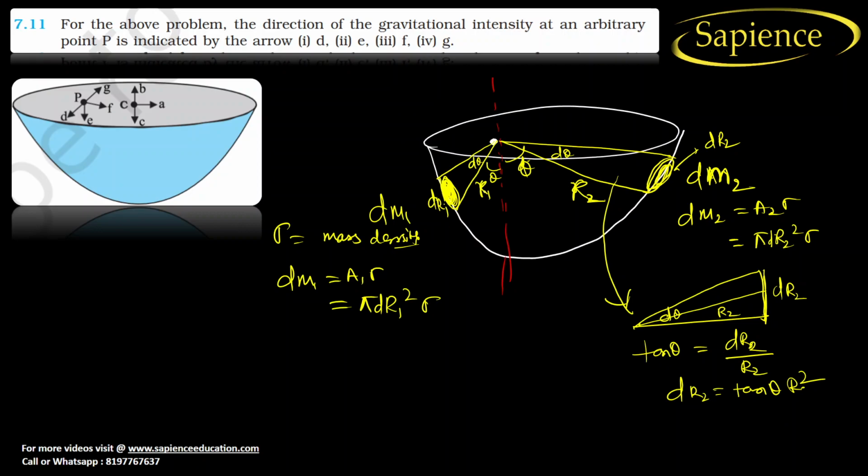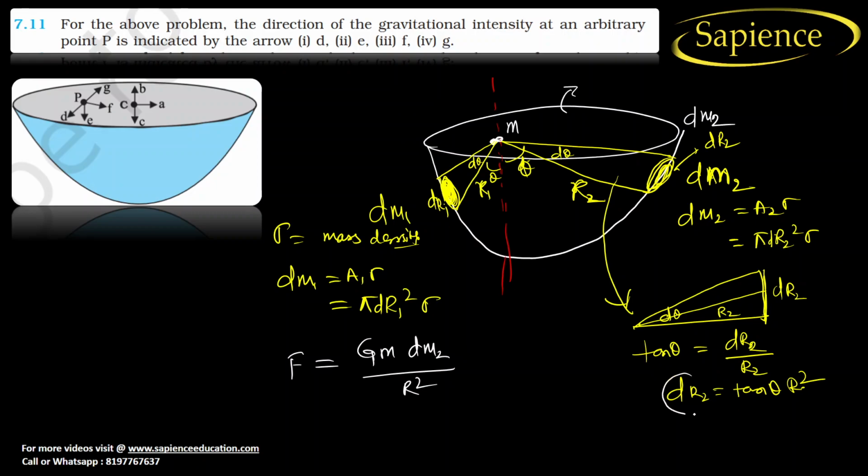Now let us consider the force, the force between this mass. Suppose this is mass m and this is mass dm2. So the force will be how much? The formula of the force is equal to G into m into dm2 divided by the length squared, which is r squared.